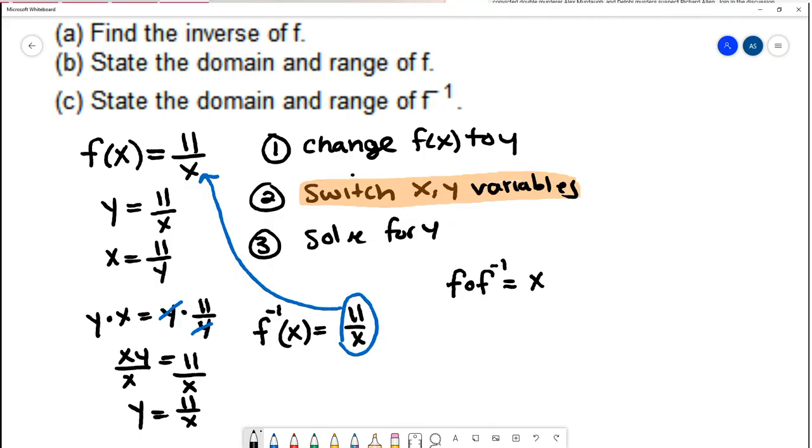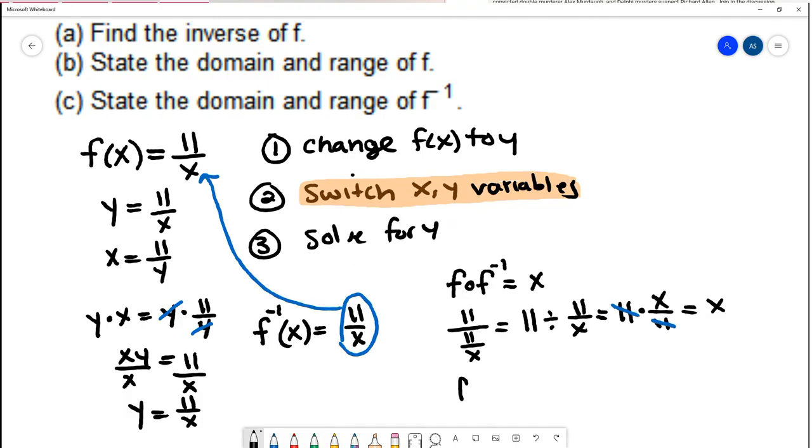That would give 11 over 11 over x. This is the same thing as 11 divided by 11 over x. When we divide fractions, we multiply by the reciprocal, so that's 11 times x over 11. The 11s cancel, and we get x.